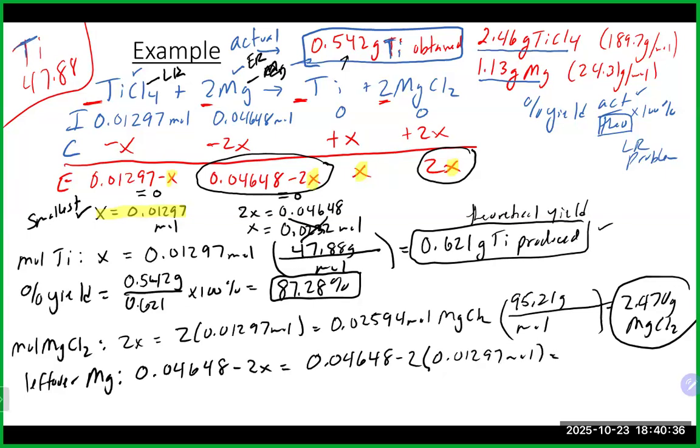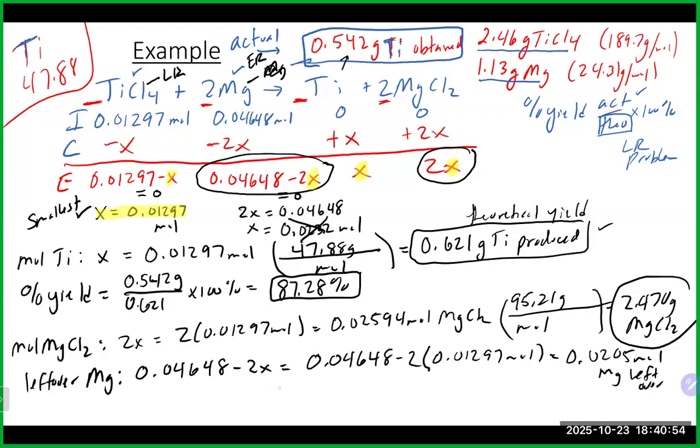We will end up, in this case, with 0.04648 minus 2 times 0.01297, 0.0205 moles of magnesium left over.